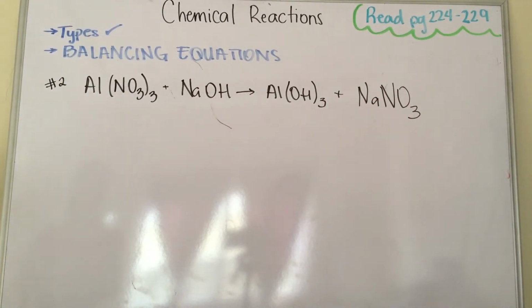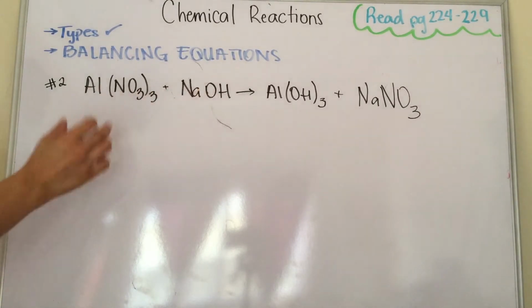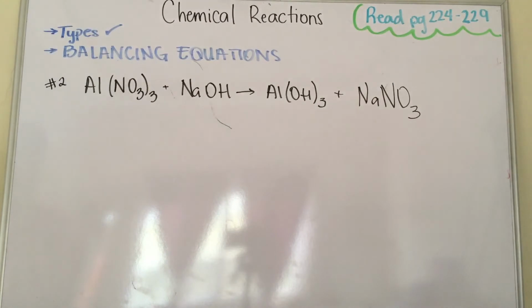And if you see it, this reaction, it's a double displacement reaction because you see we change this by this, all right? And we have different compounds. So we have aluminum nitrate plus sodium hydroxide. It's equal to aluminum hydroxide plus sodium nitrate. Now we're going to balance.